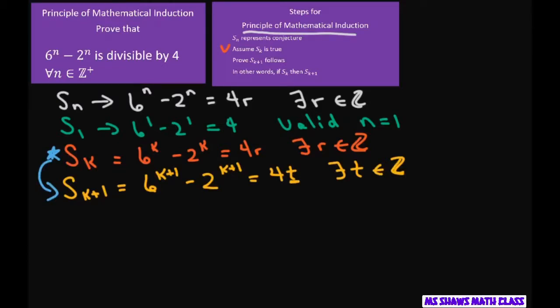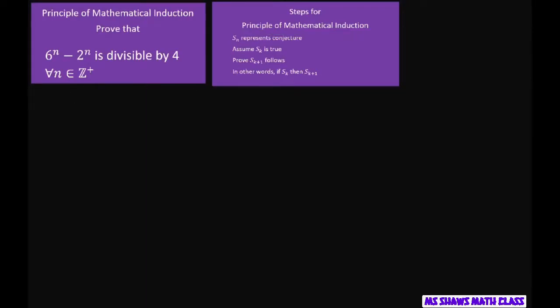So the first thing I want to do is rewrite it to help me to do that. So I'm going to start it up here. I have S sub k equals 6 to the k minus 2 to the k equals 4r, and the r is the integer.